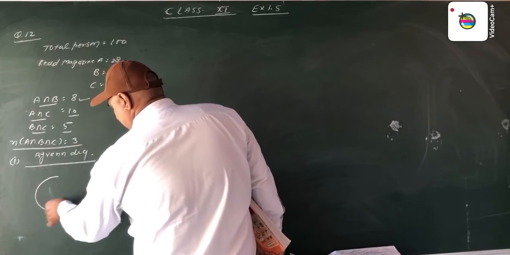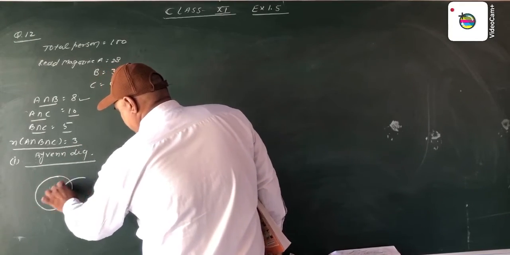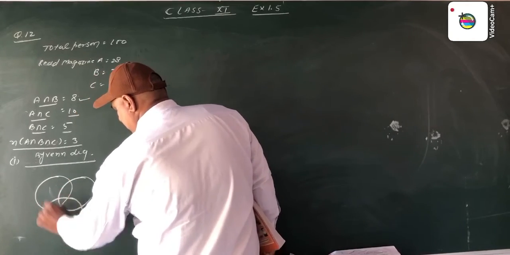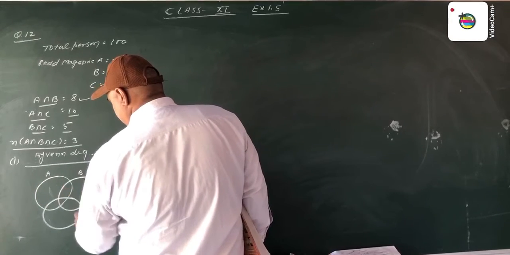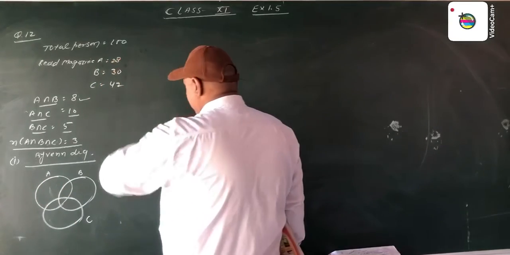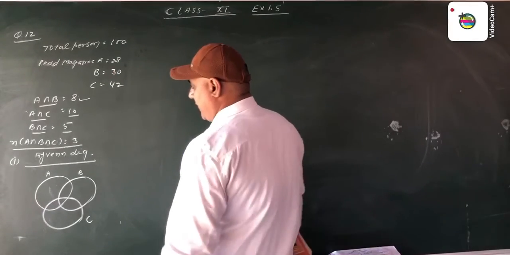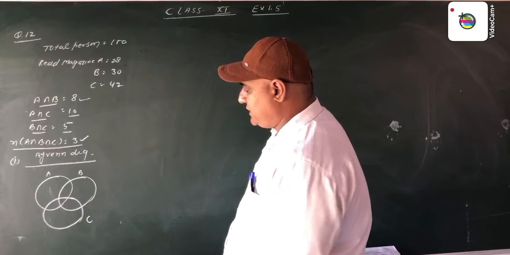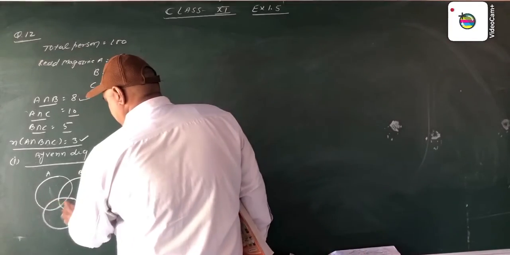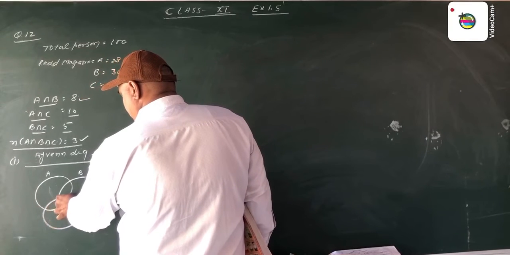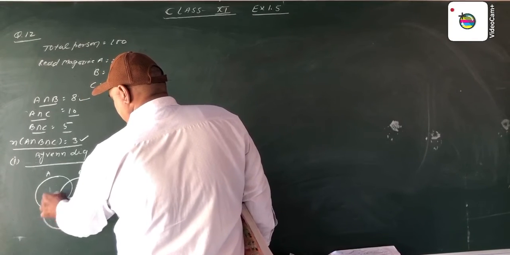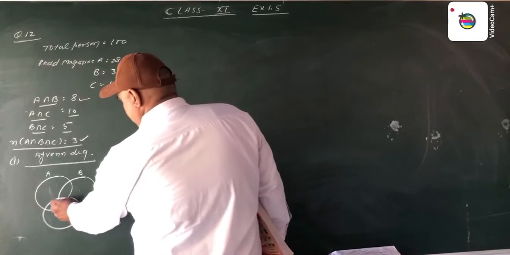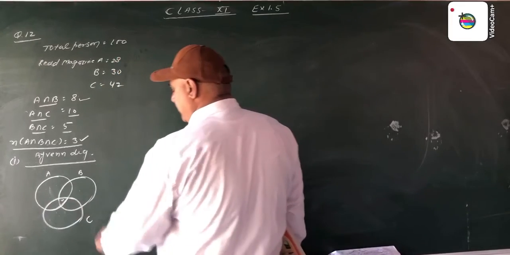Now this is the part of A, this is the part of B, and this is the part of C. Now look here, firstly in these questions we have to find the value of the triple intersection. It means those common to A, B and C. This is the common area of all 3 circles.